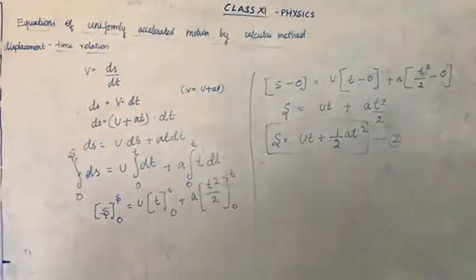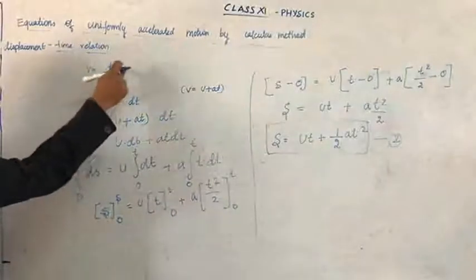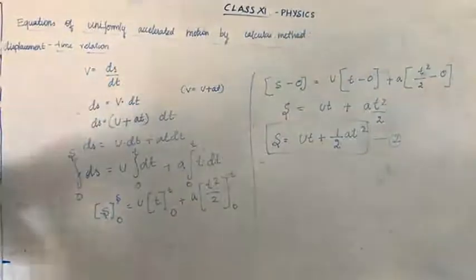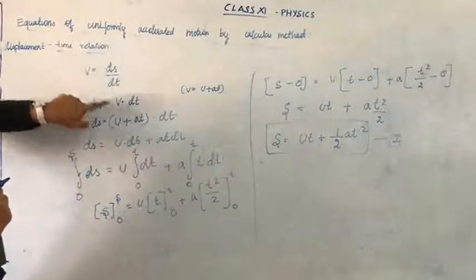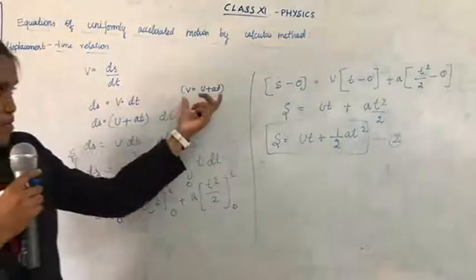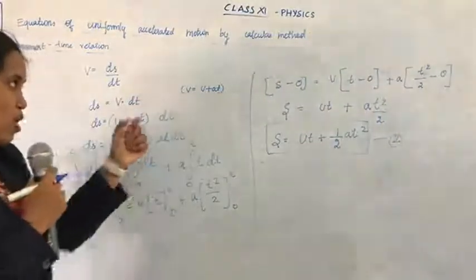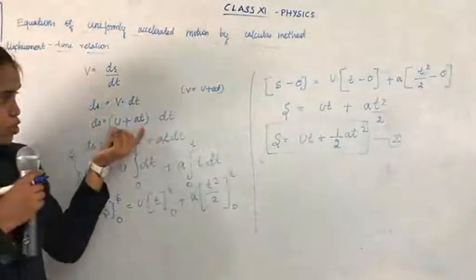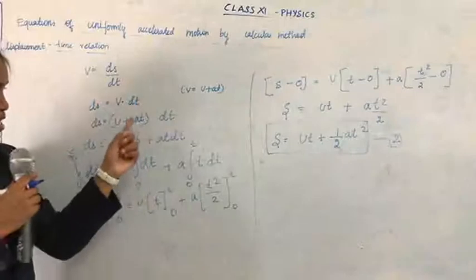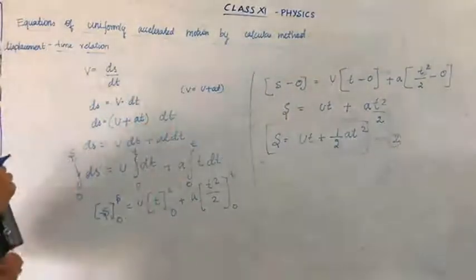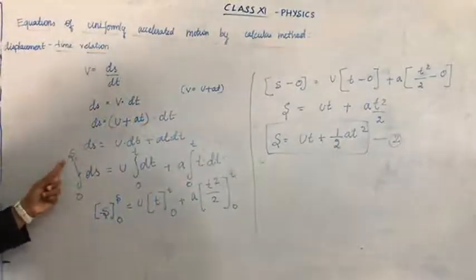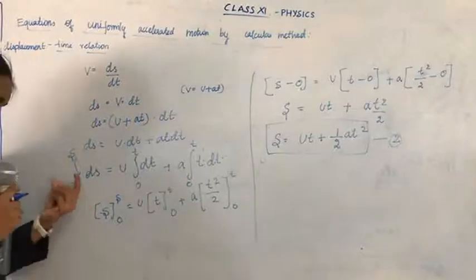Okay children, have you understood? Velocity equal to displacement by time, so we take ds equal to v into dt. Already in the first equation we derived v equal to u plus at, so apply v equal to u plus at into dt. Now multiply: u into dt plus at into dt. Now apply the integration for ds, from 0 to s, where 0 is the lower limit and s is the upper limit.